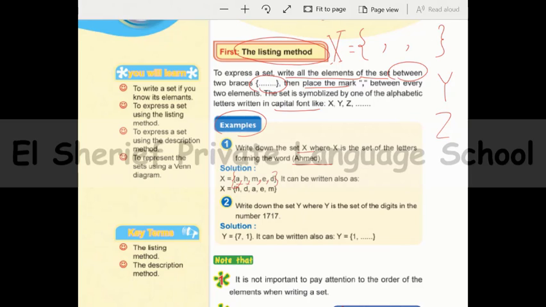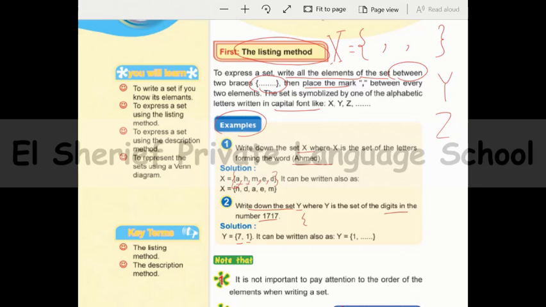It can also be written as H, D, A, E, M with a different order. Now write down the set Y, where Y is the set of digits of 1717. So we put 7 and 1.